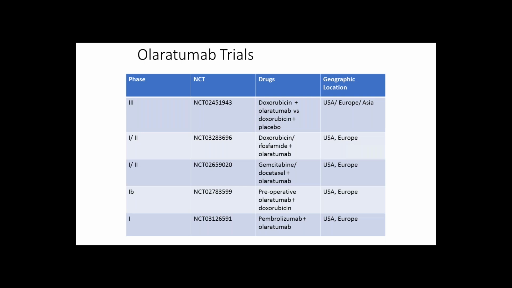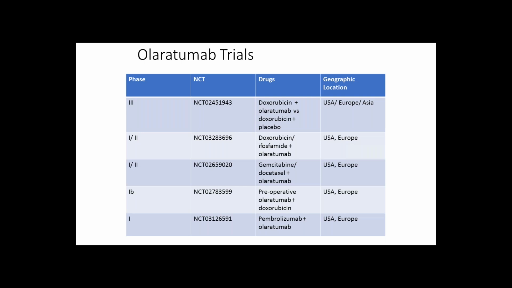There's also been a phase 1b trial of preoperative olaratumab in combination with doxorubicin. It was basically to look at various biomarkers of response to olaratumab and to try and tease out the precise mechanism of action of the drug.